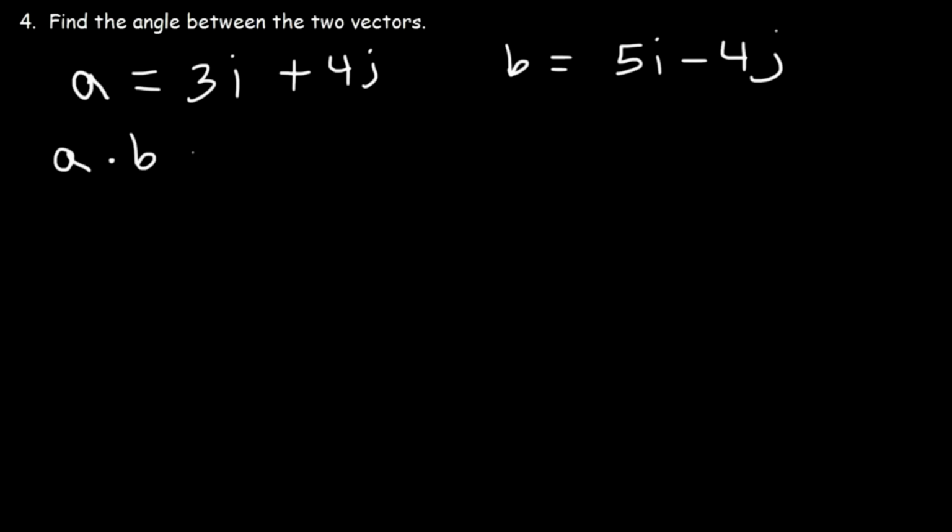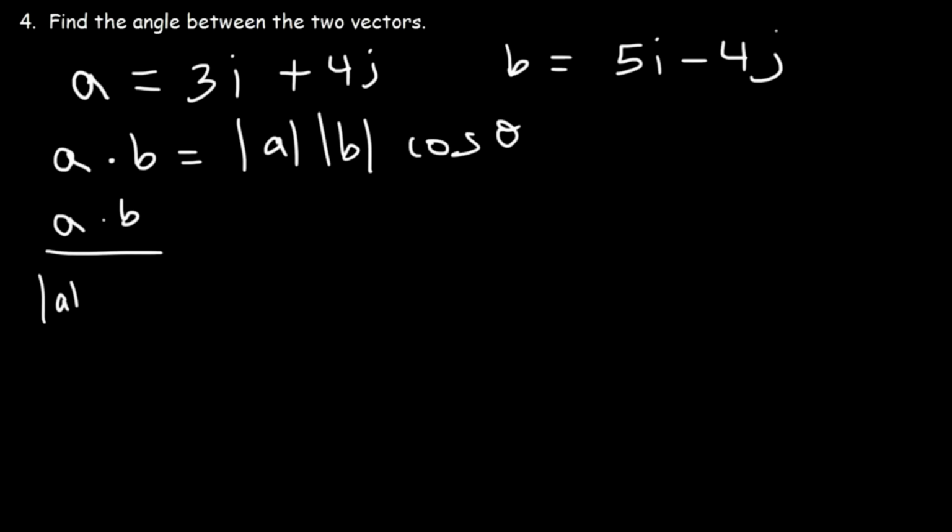The dot product of A and B is equal to the magnitude of A times the magnitude of B times cosine theta. So we need to find theta. So it's going to be the dot product divided by the product of the magnitudes. That is equal to cosine theta. So let's go ahead and use that formula.